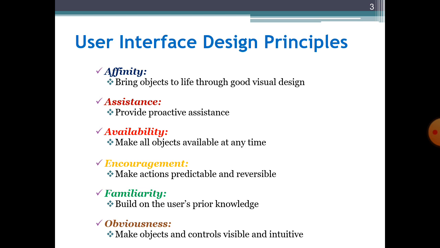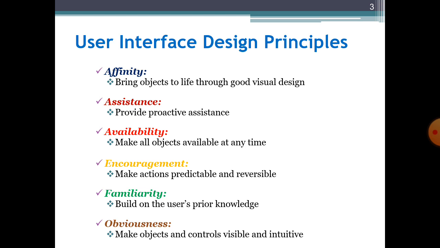And the next point is about obviousness. Obviousness is about making objects and controls visible and intuitive. So what does it mean? Let me explain it. You should use realistic representations in the interface. You should be realistic instead of relying on wishful thinking.